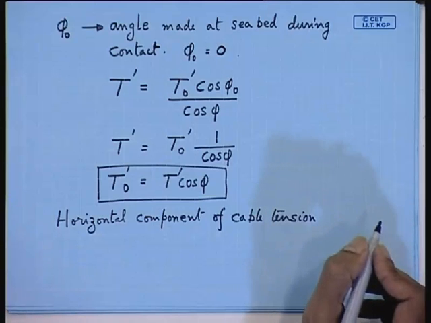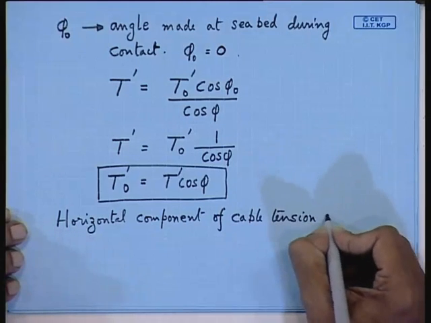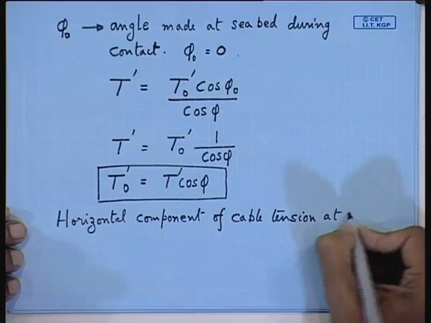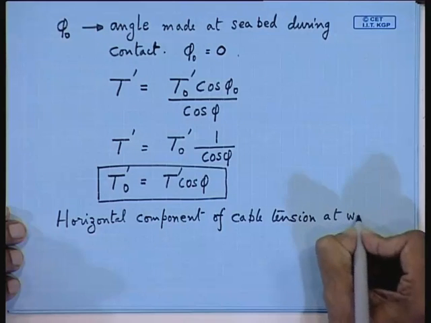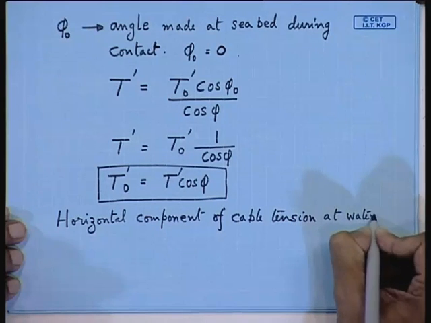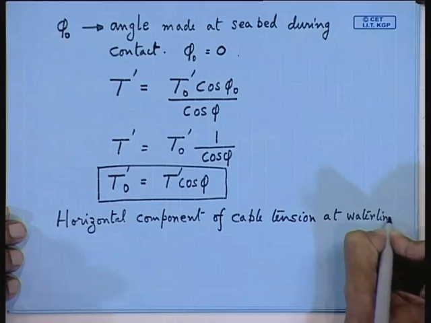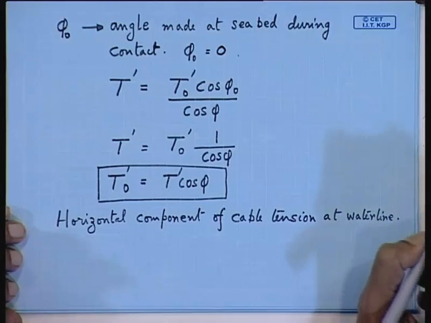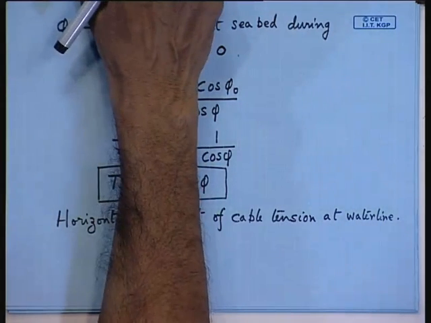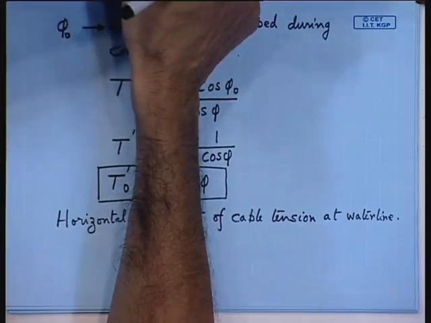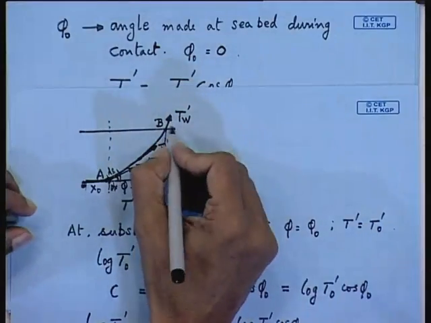So the horizontal component of cable tension you write at waterline. So that is your winch. Winch tension was coming how much? Winch tension we have written this as T prime W.